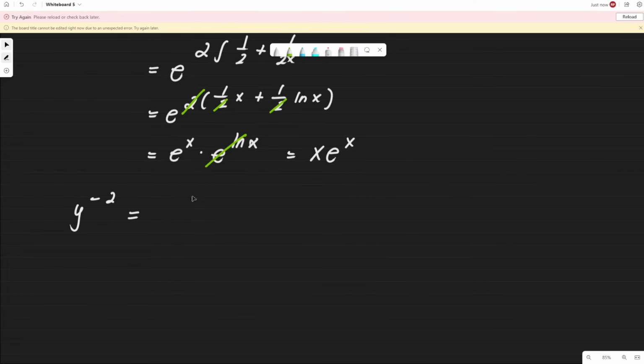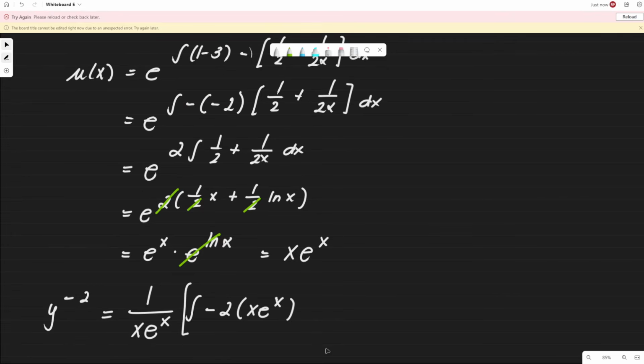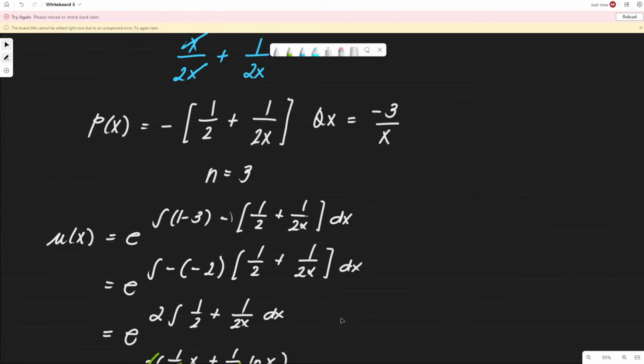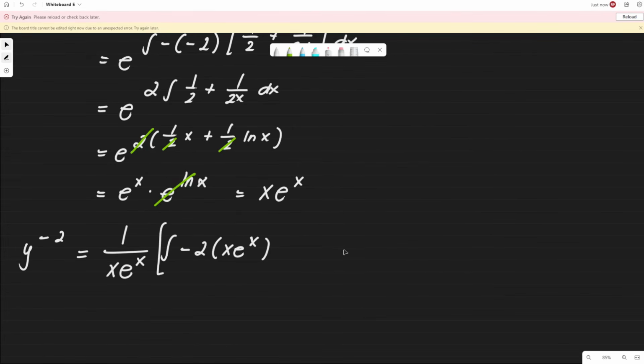This is equal to 1 over x e raised to x, multiplied to the integral of negative 2, that is our 1 minus n, times x e raised to x, multiplied to our q of x, which is negative 3 over x. So that is what we will plug in.